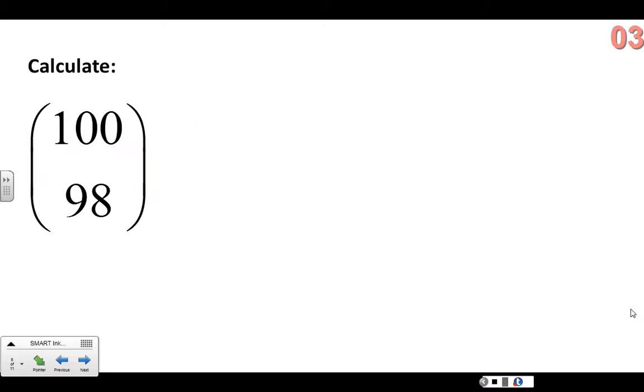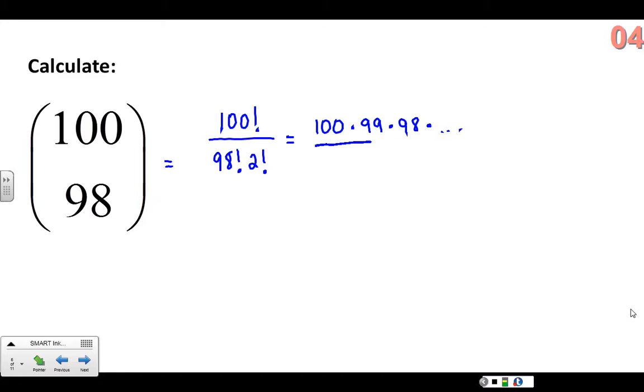Let's try another one. 100 choose 98. Now that would be defined as 100 factorial over 98 factorial times 2 factorial. Now, you know that with 100, you'd list 100 times 99 times 98. Well, you know from 98 down, you would cancel out. So let's think about that. 100 times 99 times 98 times dot, dot, dot, over 98 factorial, which would be 98 times dot, dot, dot.